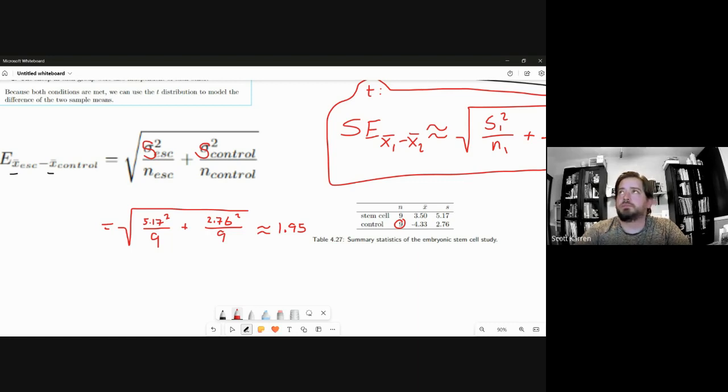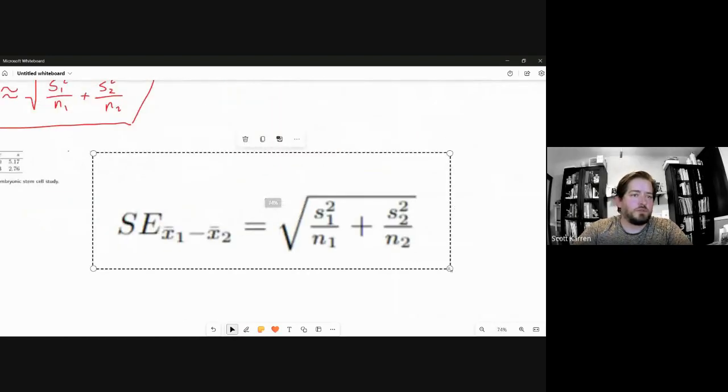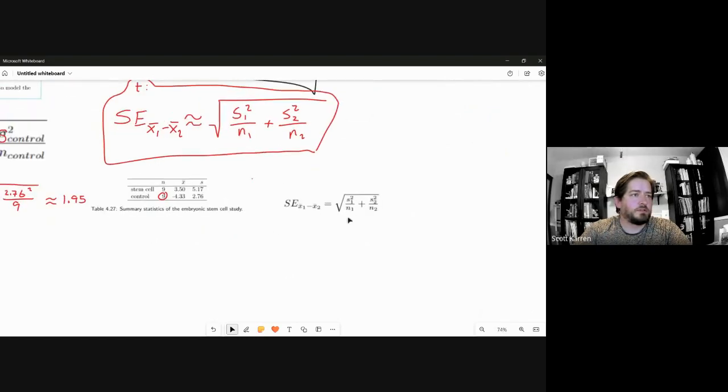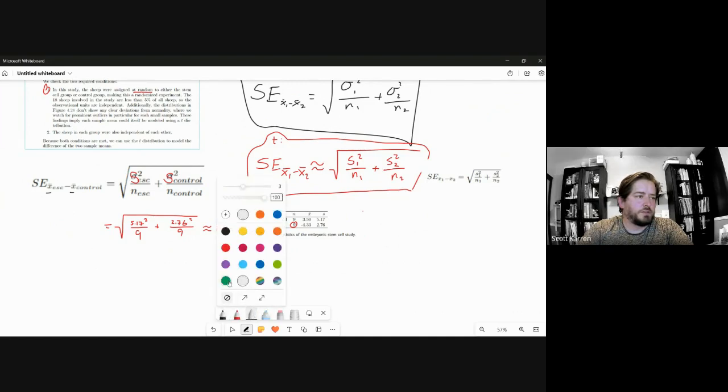Oh, yeah, they do have it in the book. I didn't see it till just now. That is our standard error of the difference of 2.